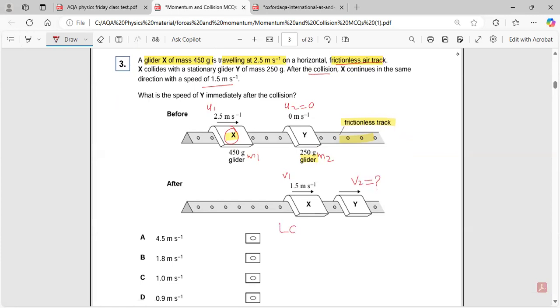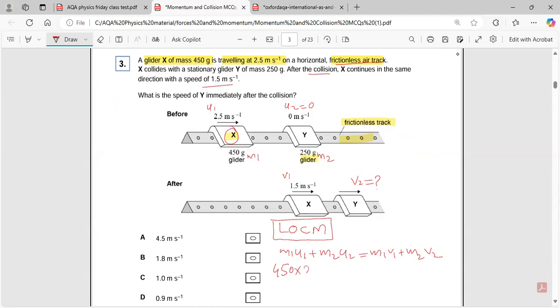So this is the law of conservation of momentum. It states that the sum of the momentum before collision equals the sum of the momentum after collision. Now, 450 gram, you don't have to convert mass if you are using it in this, because mass is on both sides, so it is going to be cancelled away.